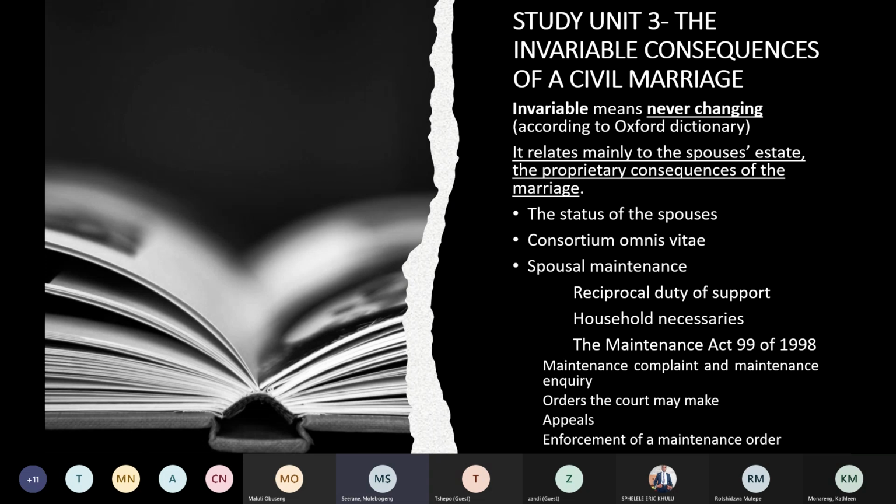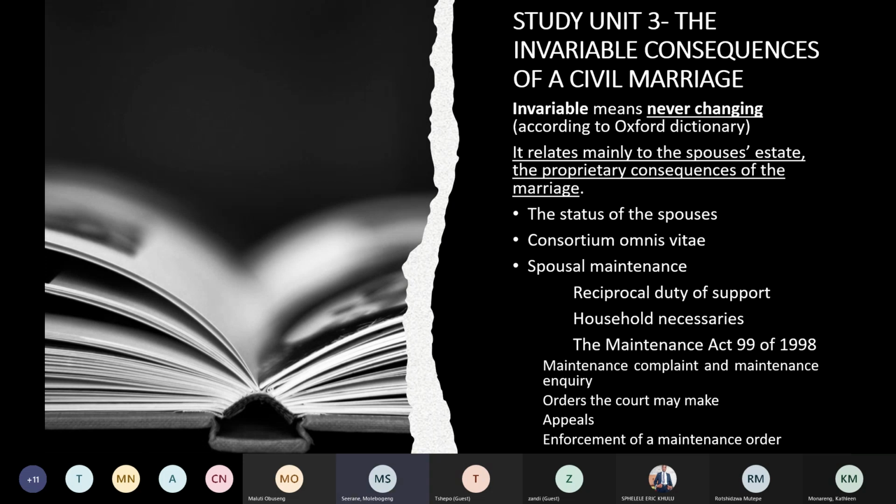The first one is the status of the spouses, meaning whether the parties' status changes when they enter into a marriage. The second one is consortium omnis vitae. It includes material and immaterial things. In the case of Havenga, the court defined consortium omnis vitae as an abstraction comprising the totality of rights, duties, and advantages accruing to the spouses of a marriage.